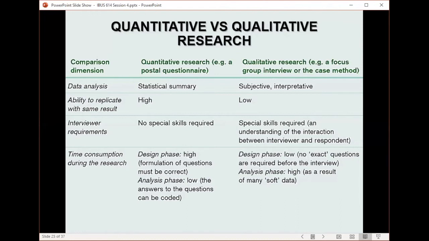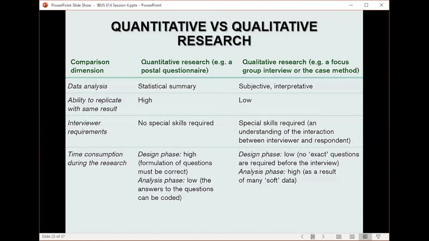However, with qualitative, there are specific skills you need when you are interacting with your interviewee as an interviewer to make sure that you get as much information out of them to respond to your research issues. And in that case, in the design phase, when it comes to qualitative, there is a low formulation of questions because you are expecting the person to express themselves freely.